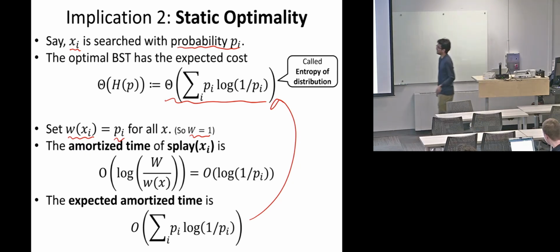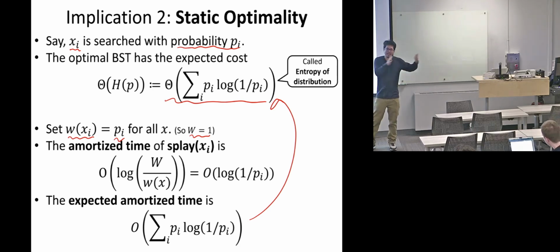And the point is that it's competitive to any distribution. Like you see, I don't even know the distribution. I can just put the distribution here, put pi, and set it as a weight. I can put the weight of x to be some other distribution too. So it's not just competitive to the best algorithm for one fixed distribution.